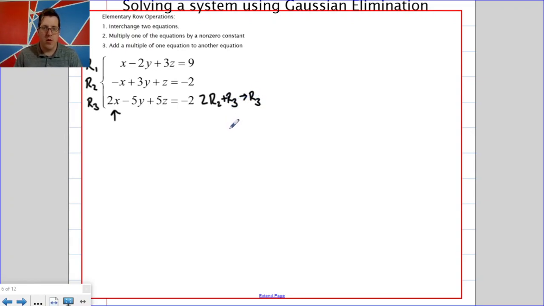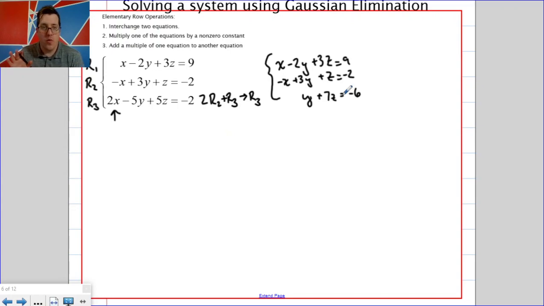Your notation might look a little different than this. If you already know how to program in a certain language, you might not like to use that arrow in that particular way, or you might like to look at it a different way, and that is a-okay. Watch what happens when I do that. So the first 2 rows are going to stay the same. In the future, we will tend to do 2 moves at once in order to kind of speed up the process and eliminate some of the writing.